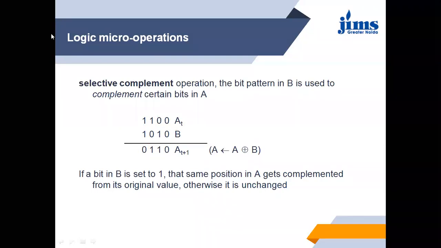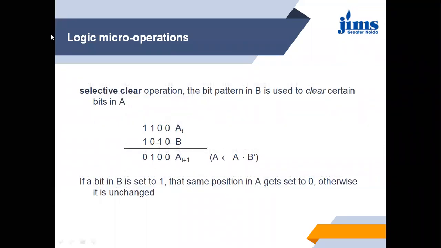Next, this is selective clear, which means we select the bits and find the value of those bits using the B register bit by bit to clear certain bits in A. So this is also a select clear, meaning we perform this operation on some selected bits.